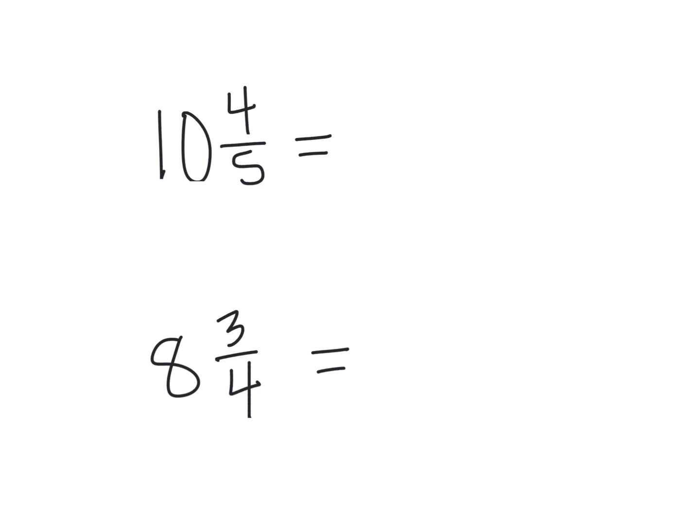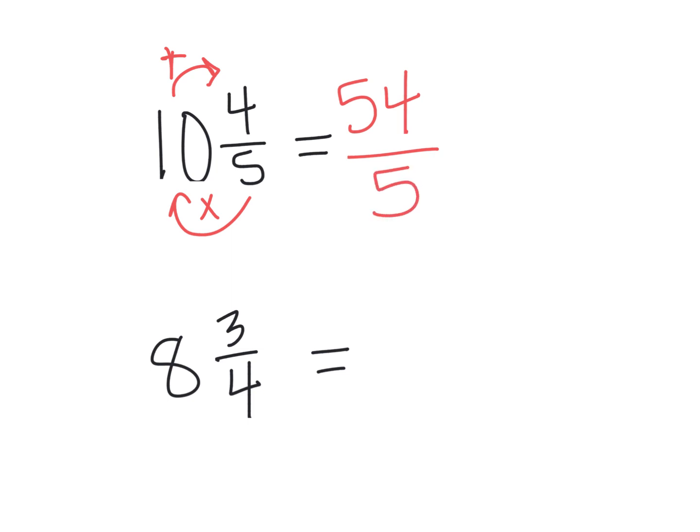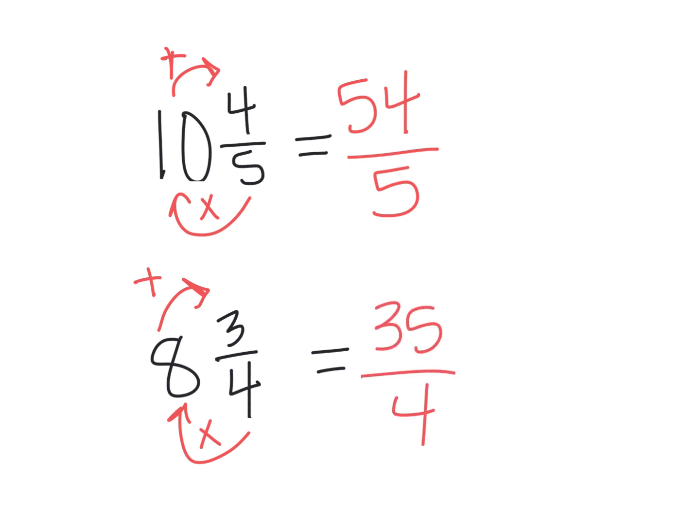I would start at my denominator. 5 times 10 is 50, plus 4, so 54, and then keep the denominator, 54 fifths. Then 8 and 3/4: 4 times 8 is 32, plus 3 gives us 35. Keep the denominator the same, 35 fourths.